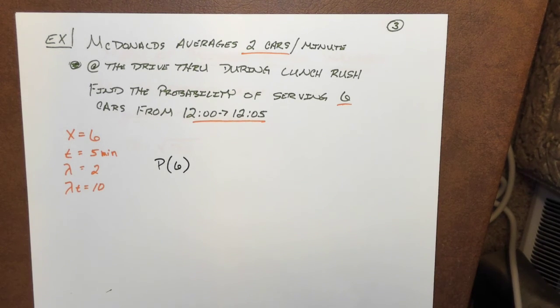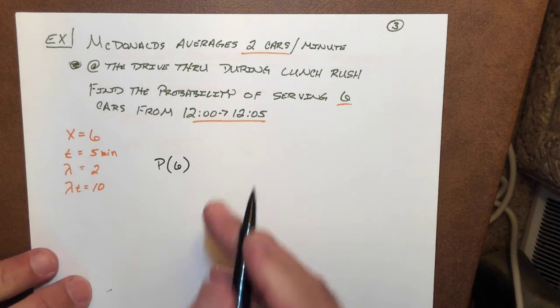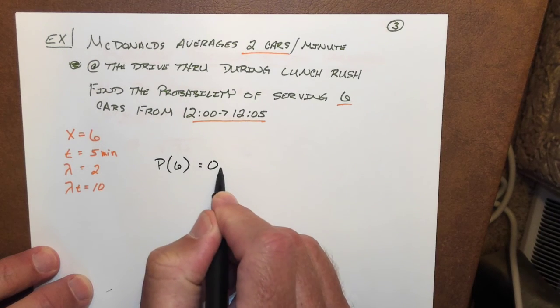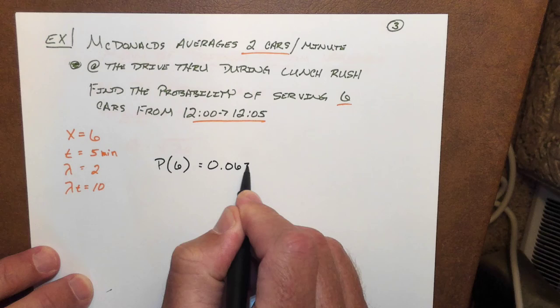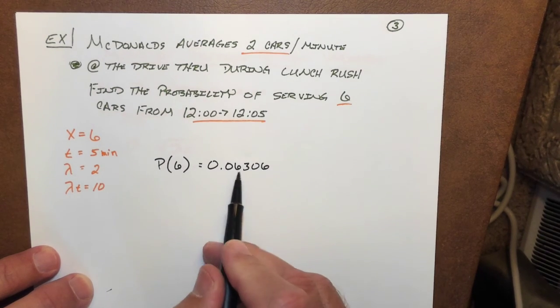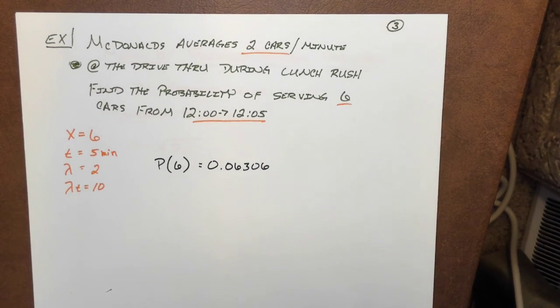We hit calculate, and boom. We get 0.06306. Meaning what? You got a 6% chance of that taking place. So it's over a time period, though. That's the difference now.